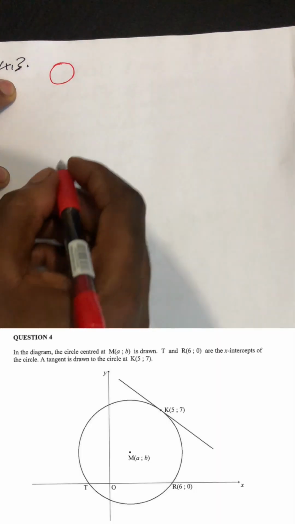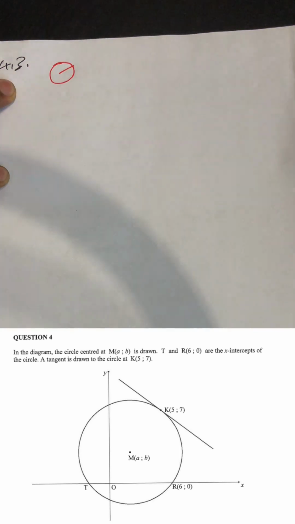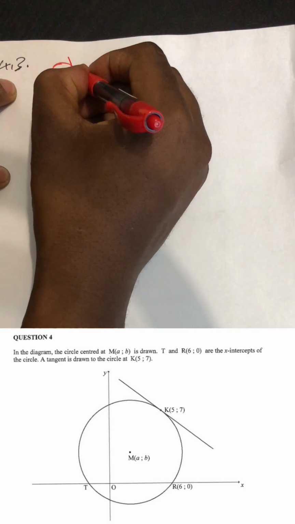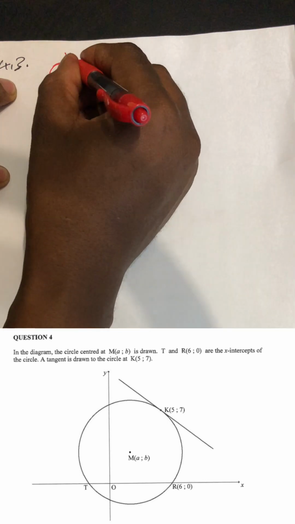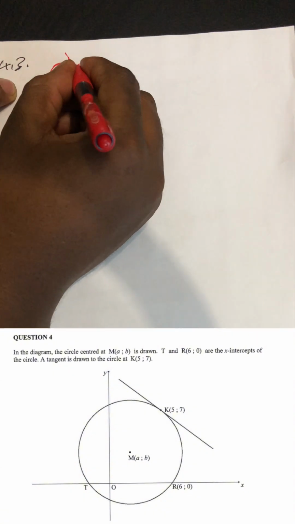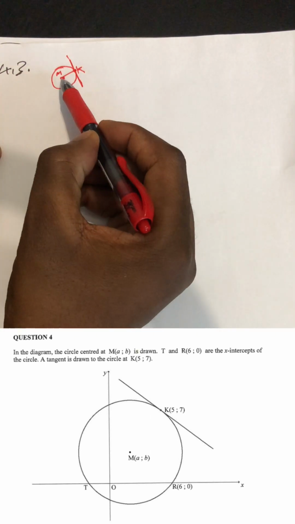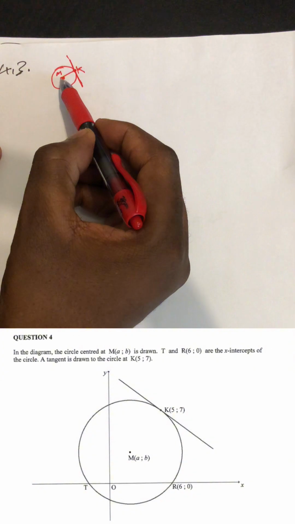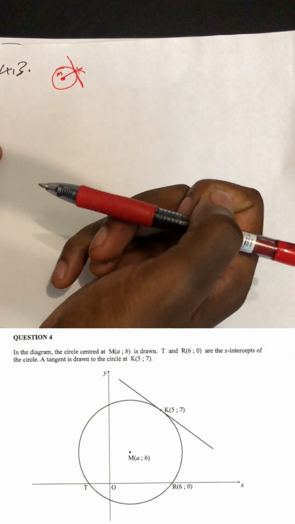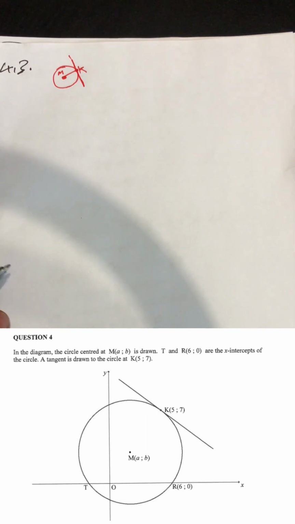So if you check, we have a circle with a radius which is perpendicular to the tangent at K. We have K here, which is this point, and we also have the center of the circle, which is M. If you check carefully, you can tell that the line MK is perpendicular to this tangent. For that reason, whenever we multiply the two gradients, we must get -1.